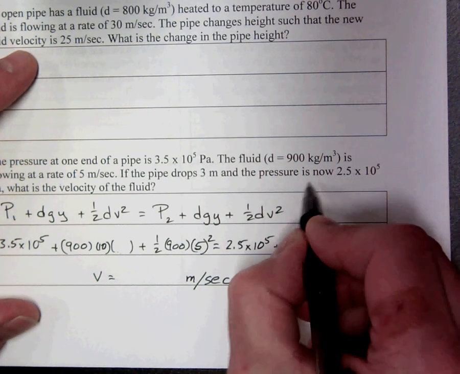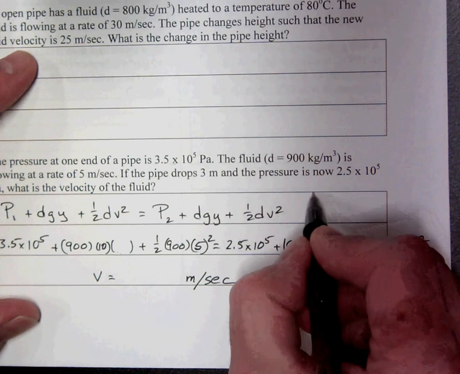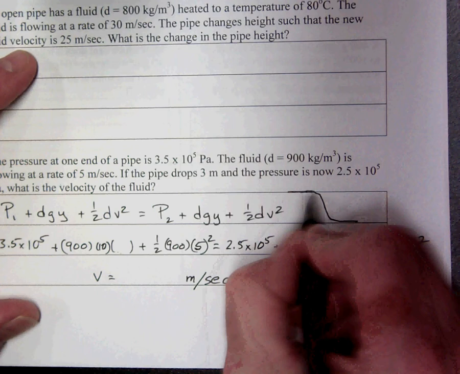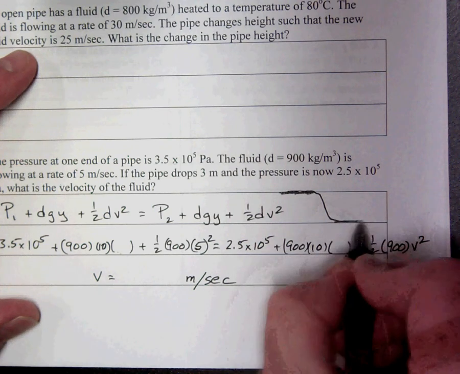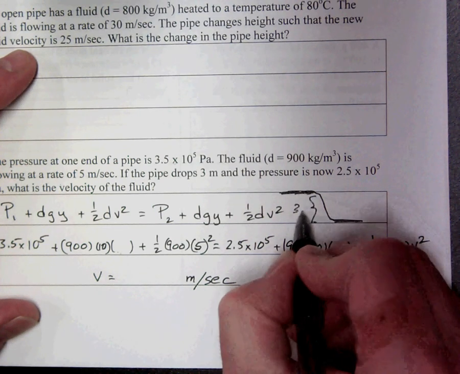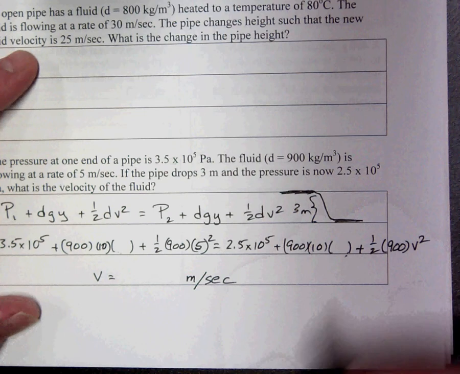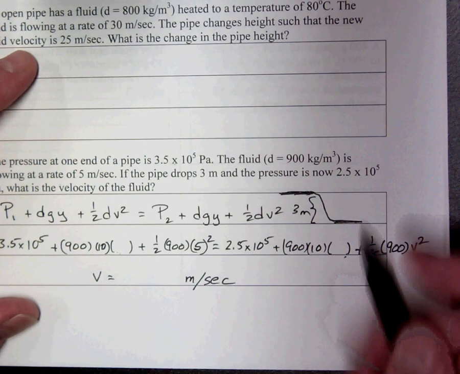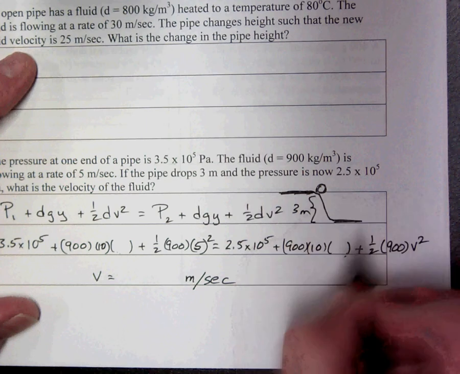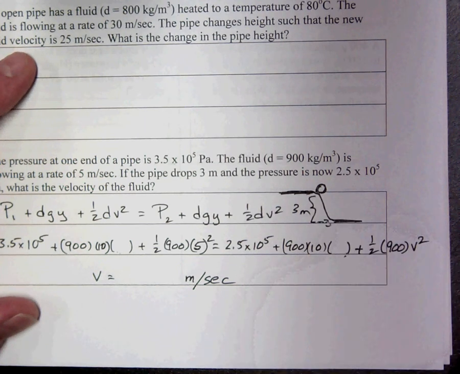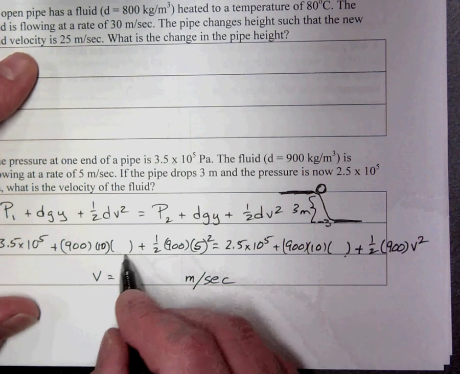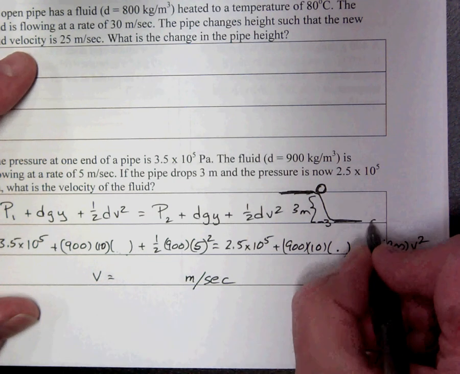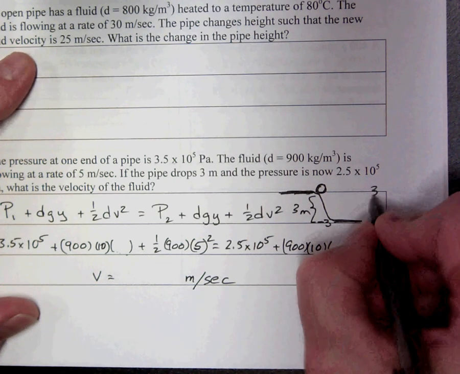Okay, now you're thinking, what do I need to put in here? So the pipe is doing this. So this is here, and this is here. So that's going to be 3 meters. So what you can do, look at column 1 as a reference point. You can say that this is 0, and this is -3. Or you can say that if my bottom is 0, this is 3.